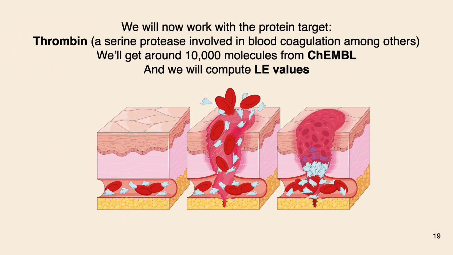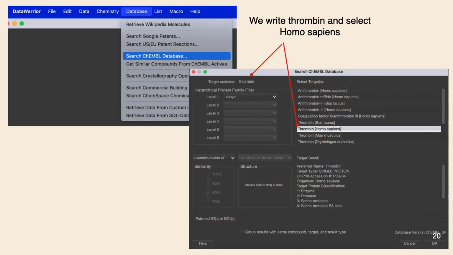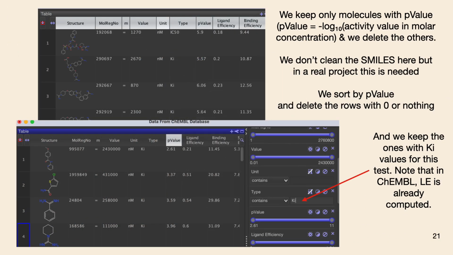Now we will compute these metrics on thrombin compounds and only focus on ligand efficiency values to illustrate our previous discussions. So in DataWarrior, we go to databases and write thrombin in the small window and select Homo sapiens. We will keep only molecules that have p-values, and we also select molecules with inhibition constant values as shown on the slide.